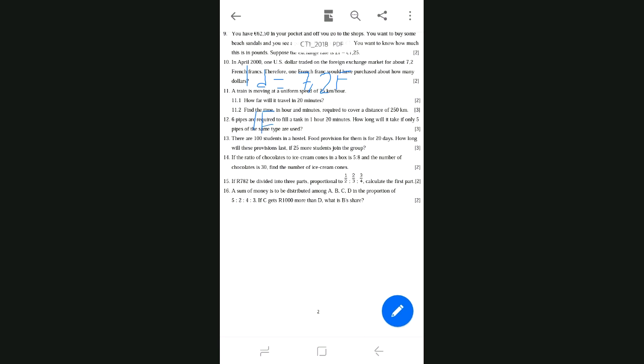It will be equals to 1 divided by 7.2 dollars, which will give me 0.14 dollars.